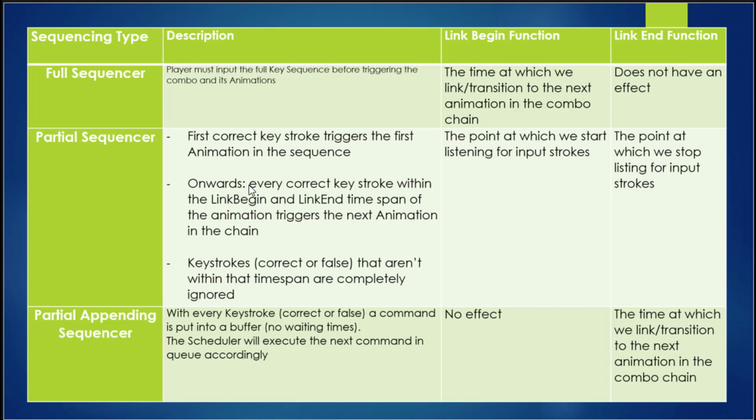An example of this would be games like, I guess, Assassin's Creed and God of War, where the designers of the game have set the link begin and the link end in such a way that the animation looks like it's ready to transition to another animation. So they have two animations, and at a specific time period of the first animation, there is a pose where the player looks ready to transition.